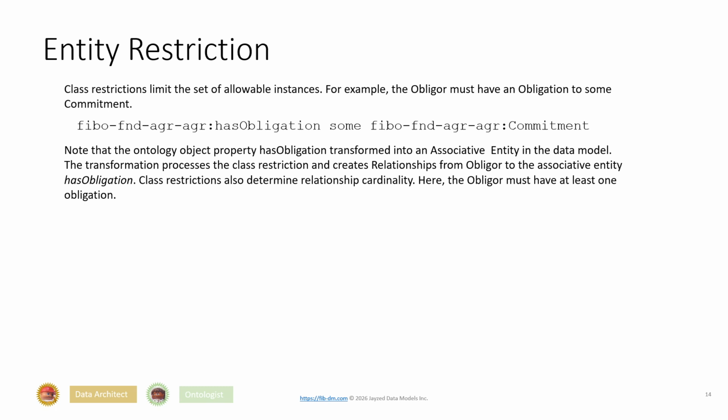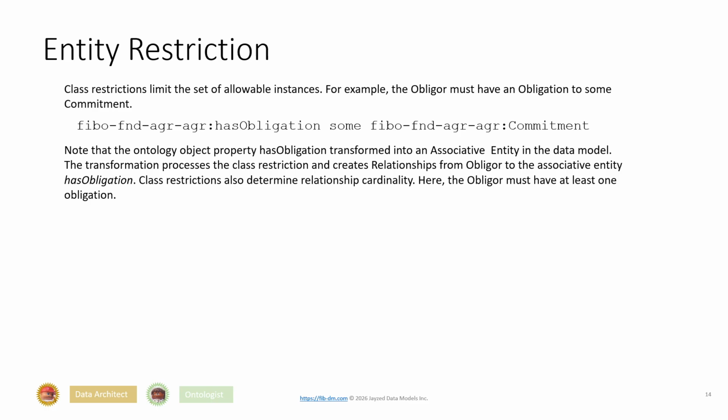And note the ontology object property has obligation is transformed into an associative entity in FIB-DM. And the transformation processes the class restrictions and creates relationships from obligor to the associative entity has obligation. And class restrictions also determine relationship cardinality.